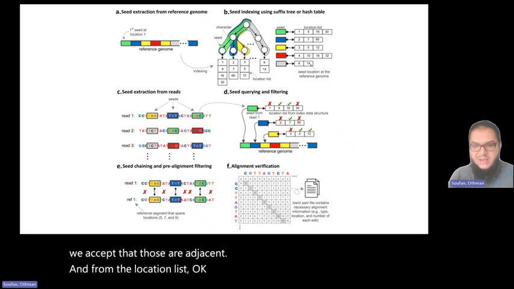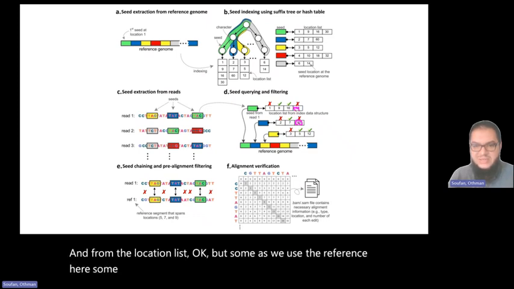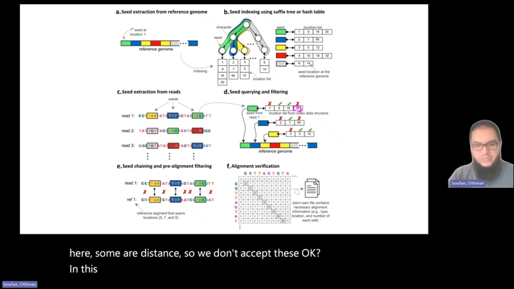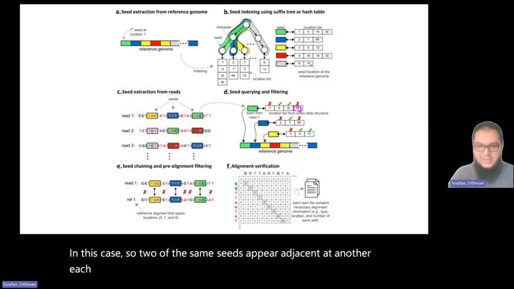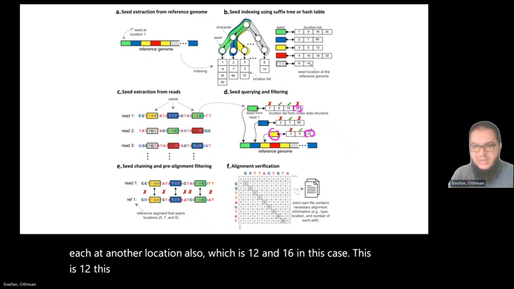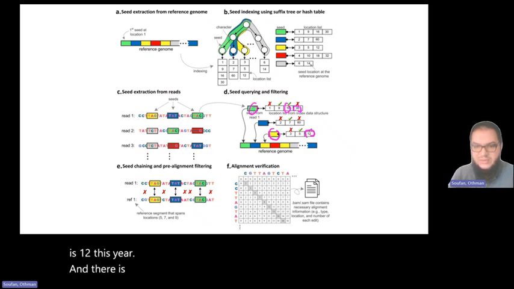But some, as we use the reference here, are distant, so we don't accept these. In this case, 2 of the same seeds appear adjacent at another location also, which is 12 and 16. So there is some adjacency.